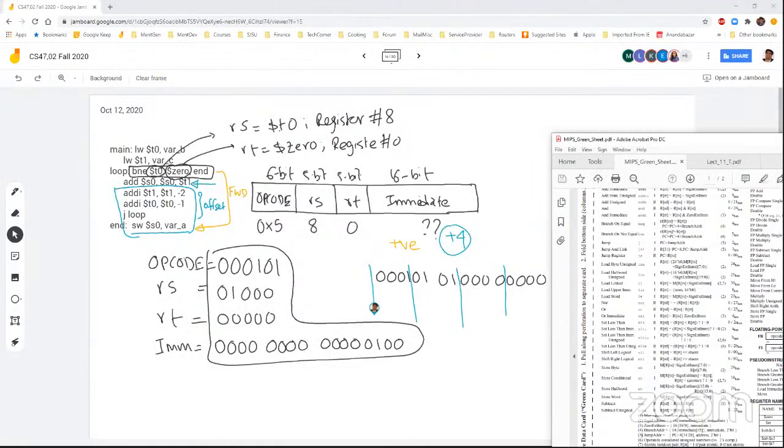So this is 1, this is 5, 0, 0, 0, 0, 0, 4. Ultimately my machine code will become 0x15000004 in hex. Make sense?